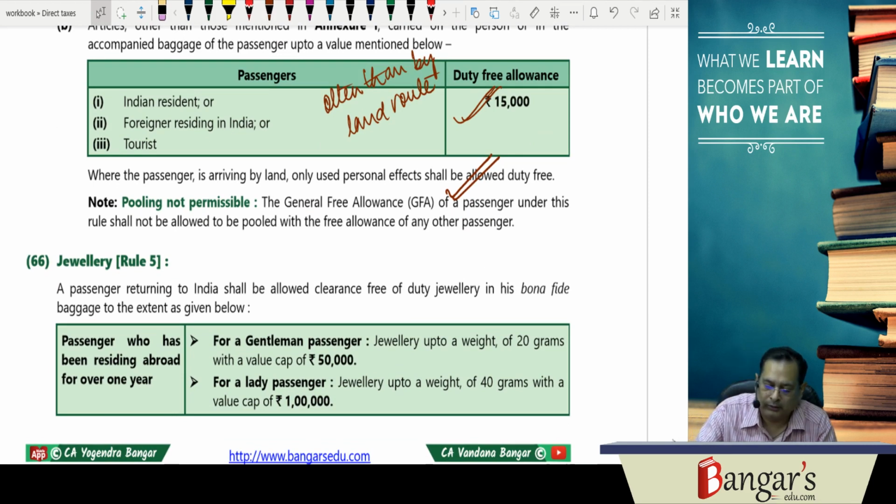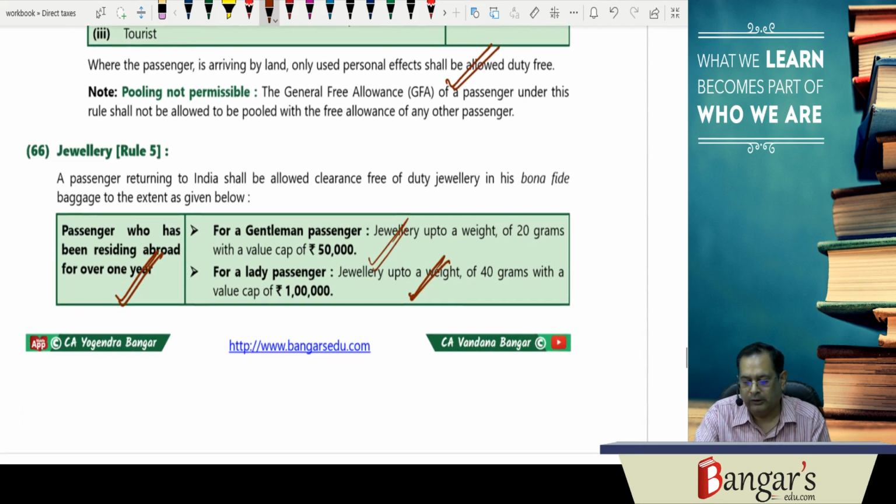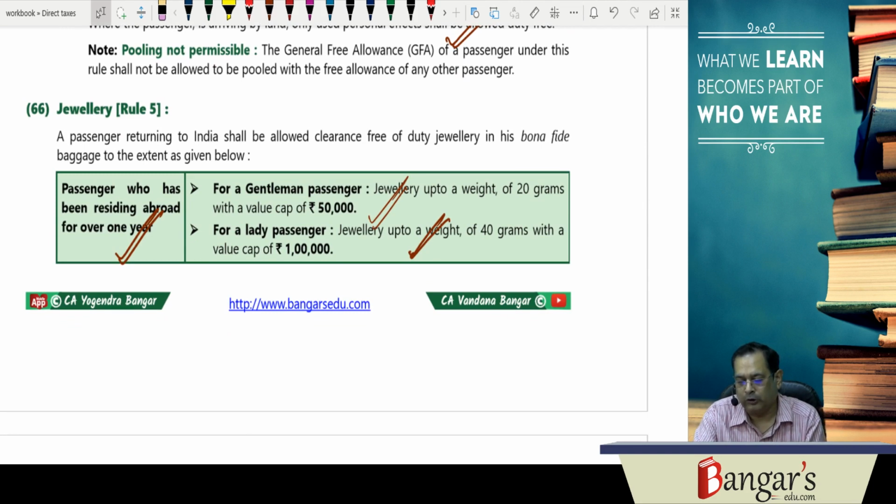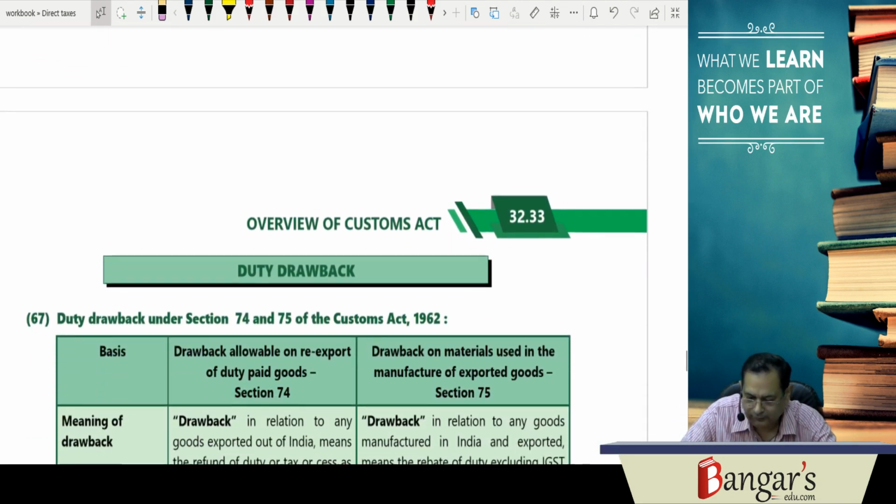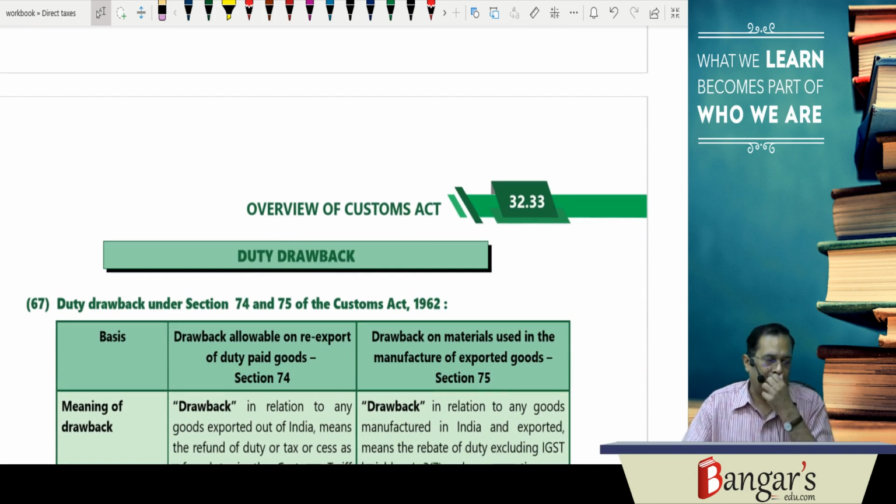Then jewelry: if the passenger has been residing abroad for more than a year, a gentleman can bring jewelry up to 20 grams with a value cap of 50,000 rupees. In case of a lady passenger, she can bring jewelry up to 40 grams with a value cap of rupees 1 lakh. Then this was about the baggage.